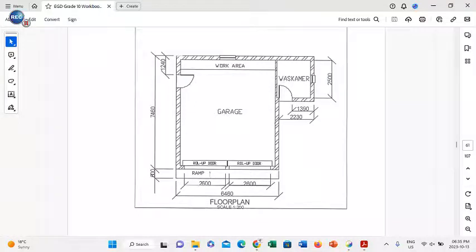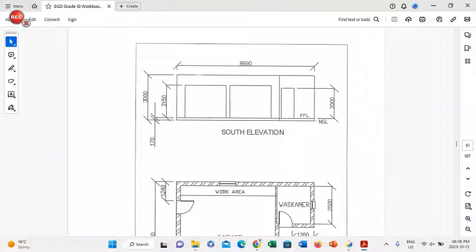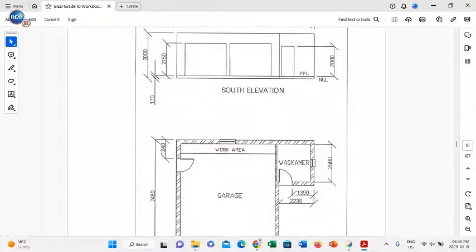If you look at the dimensions on this side, you will find that dimension right here in your south elevation, which is 8 meter 690. So we're going to round this off to 8 meter 500 to make that 690 a half a meter. So that 8 meters will be 16 blocks and an additional one which is half a meter, which is 17 blocks along this side.